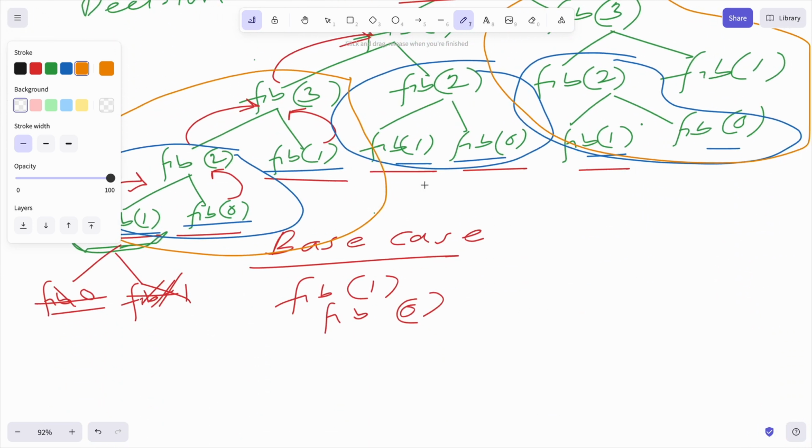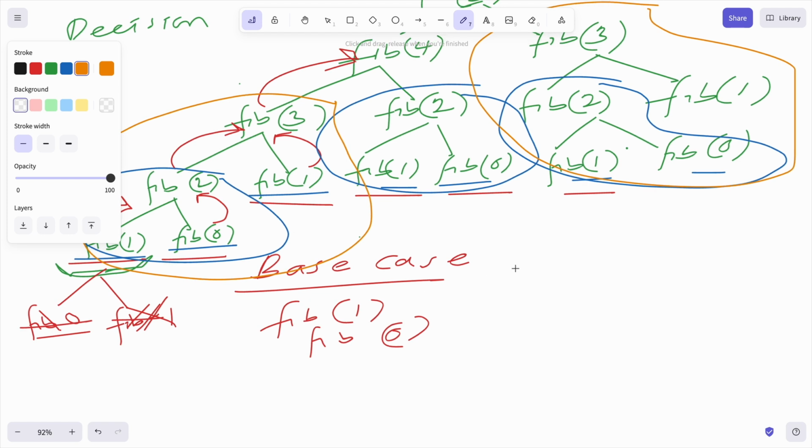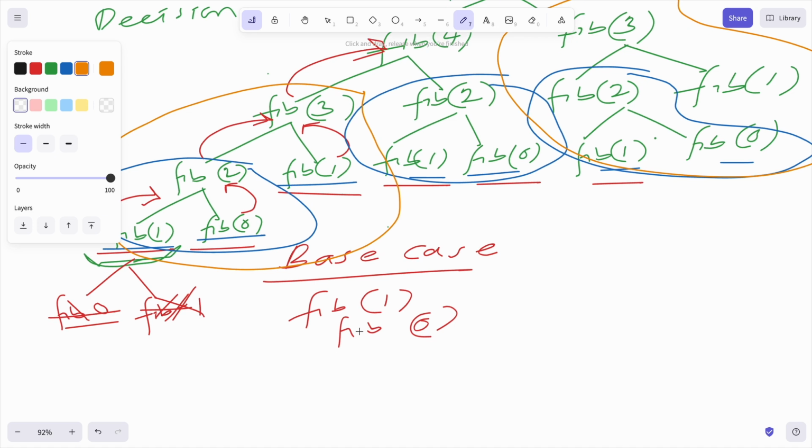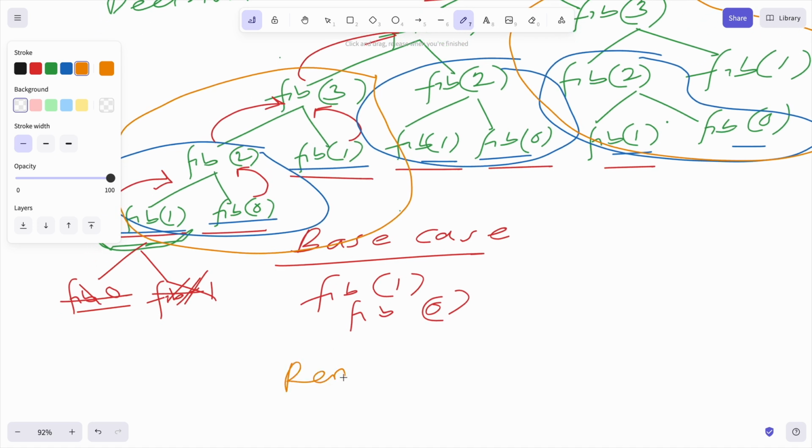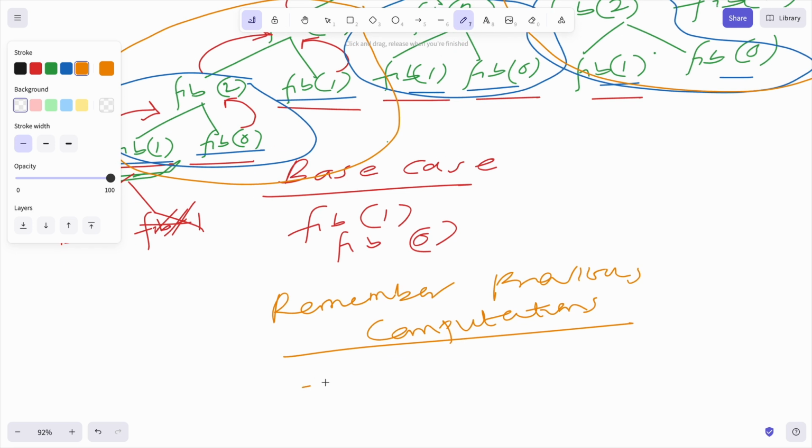And the way dynamic programming helps us is to remember the fact that we have computed these subproblems before. So we need to remember previous computations. This concept is called memoization.